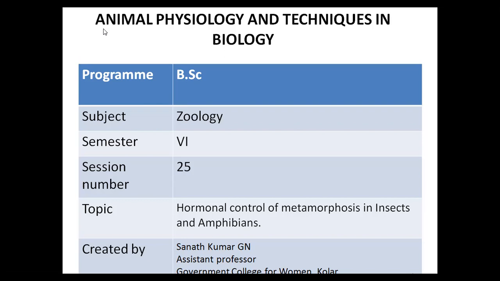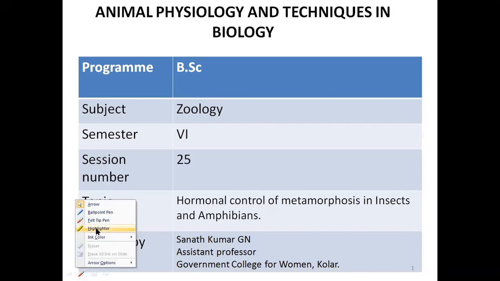So in this video lecture, we shall try to understand, especially in the case of insects and amphibians, how exactly the hormones play their role in order to bring about successful metamorphic changes to form a sexually matured adult. So let us get started.